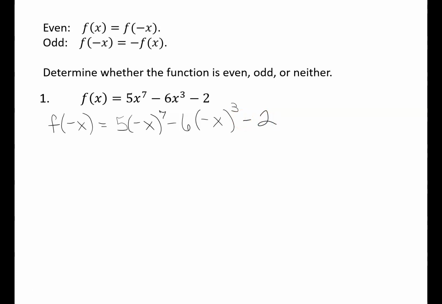and simplify. Now, this is where those statements that we started with on this video come in. If I have a negative inside and an odd exponent, it results in a negative. So I could go ahead and say this is going to be negative times a positive 5 is going to make the result negative.